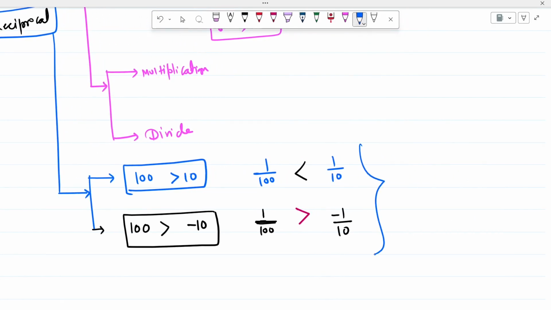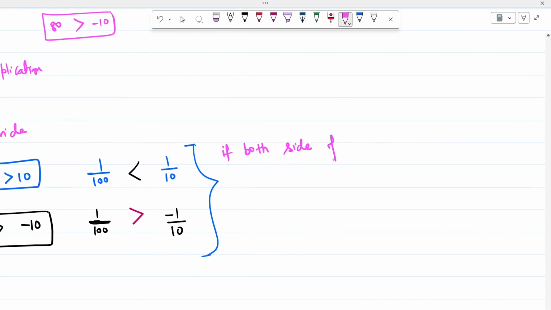So what's the conclusion we can draw from these two examples? Sometimes it is changing. If both sides have the same sign, both positive or both negative, number or expression, and you're taking the reciprocal, the sign gets flipped.